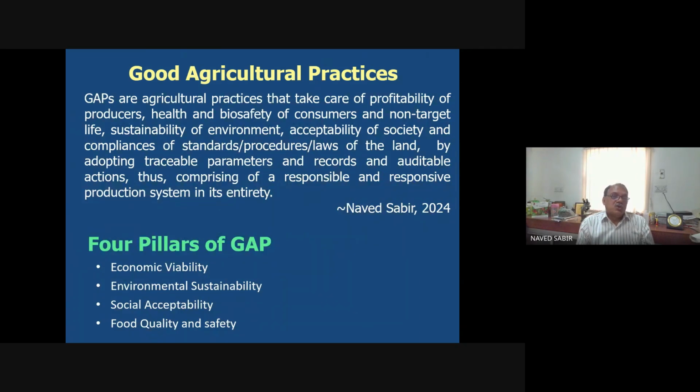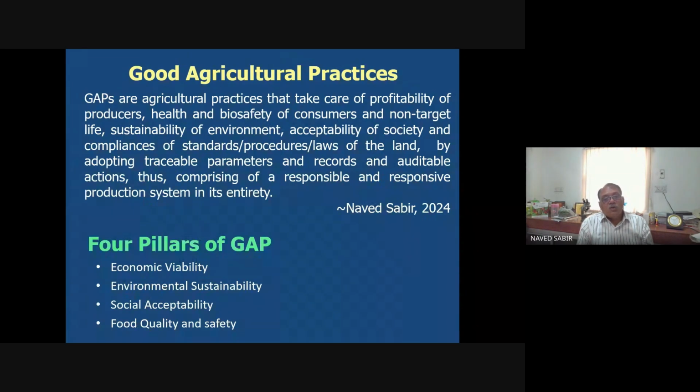So good agriculture practices are basically dependent on four pillars. That is the economic viability for the producer, environmental sustainability for the planet, social acceptability for the people at large, and the food quality and biosafety for the production system.